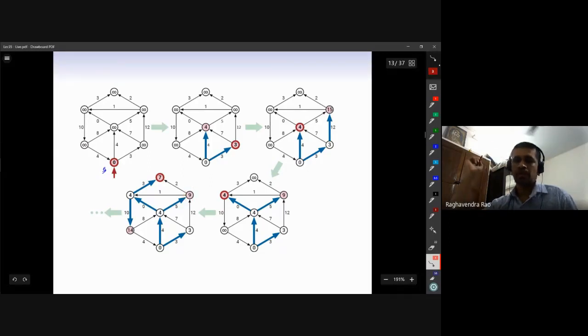So d6 will be 9. If you see, the distances of the extracted elements keep on increasing. That's exactly what the statement is trying to prove.